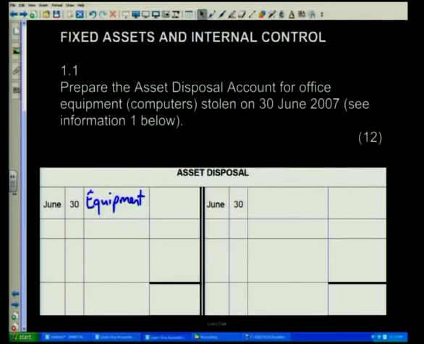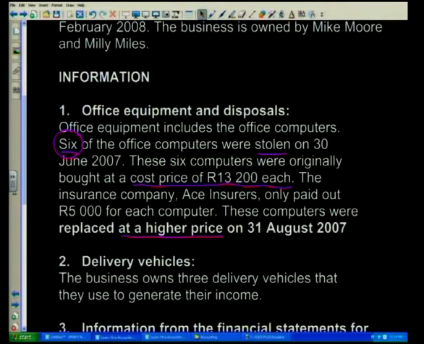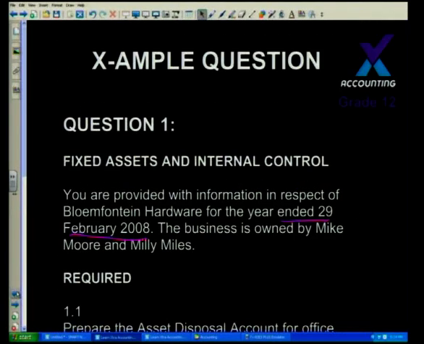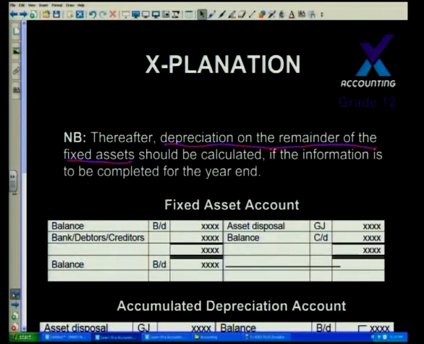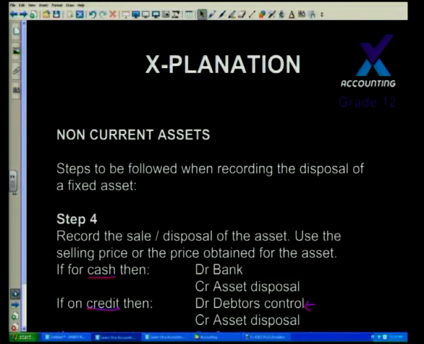That was the cost price of the equipment that was stolen from us, and I'm going to write it in here. 79,200 Rand. That was the first step. Let's now look at step number 3, because remember we skipped step number 1 because we didn't have a depreciation rate, and so we were not able to do that.